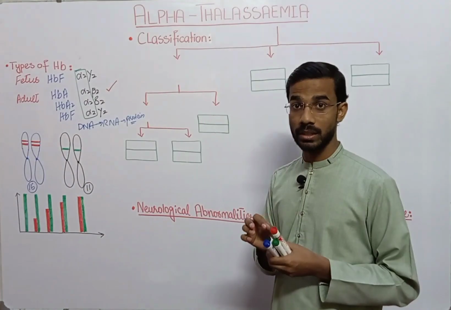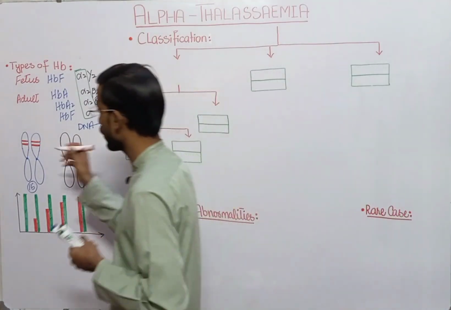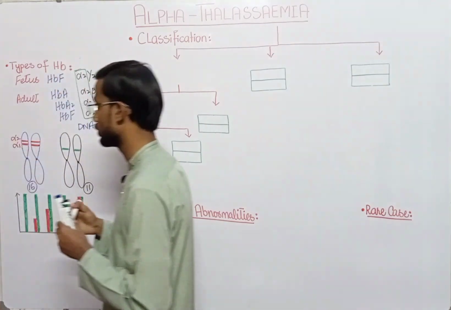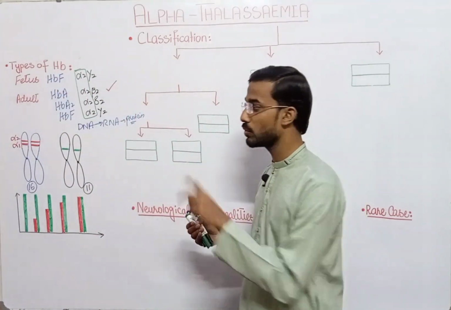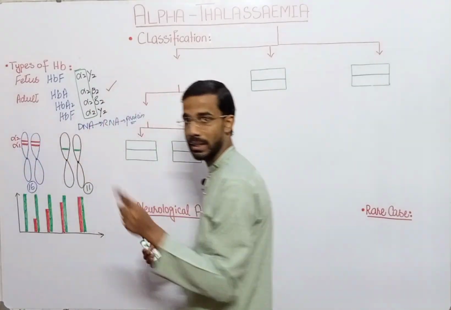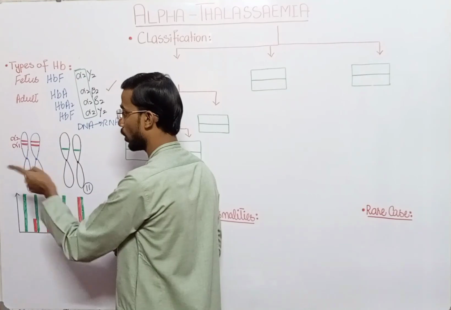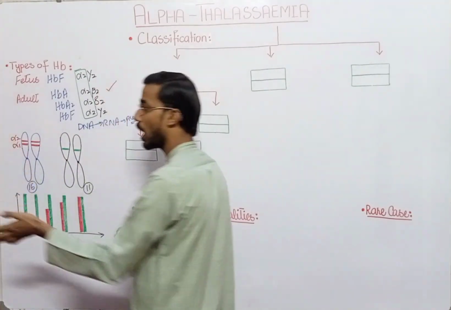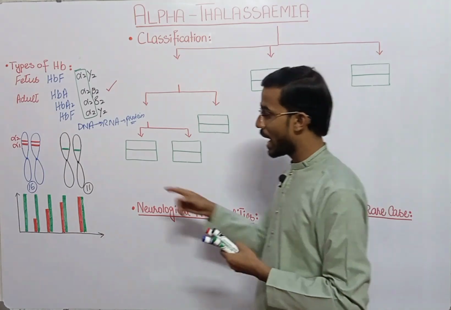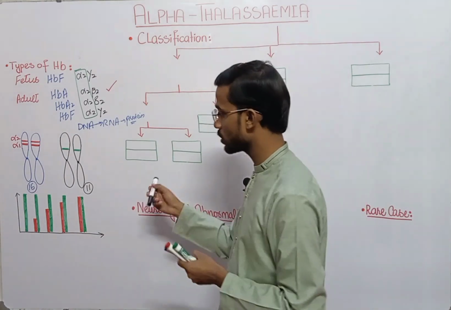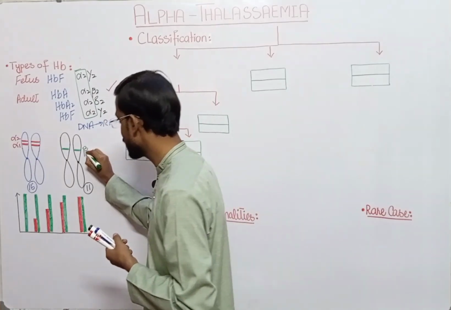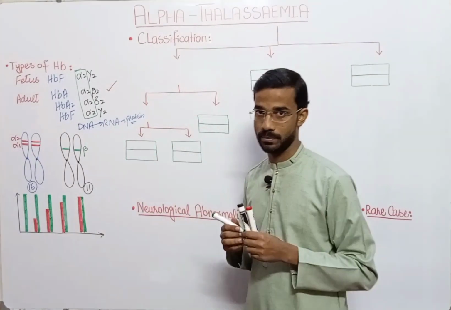Chromosome number 16 has 2 alpha genes, alpha 1 and alpha 2, with a total of 4 alleles. The alpha 1 gene has 2 alleles on the homologous chromosomes, and alpha 2 also has 2 alleles on the homologous chromosomes. On chromosome number 11, there is a beta gene which has 2 alleles.